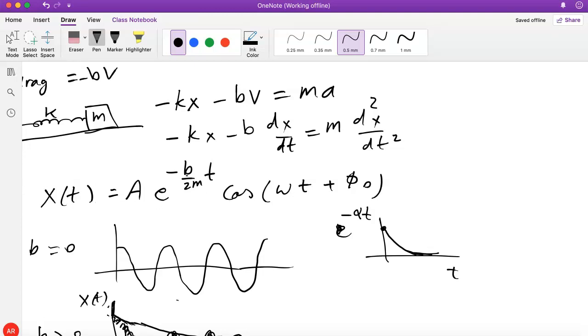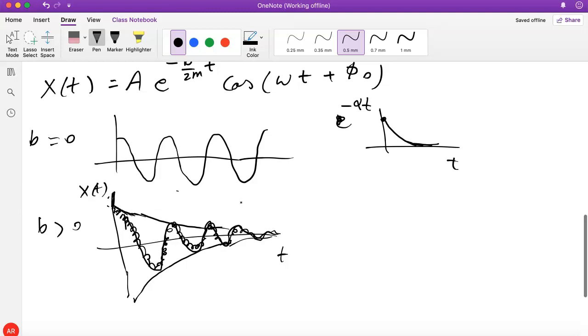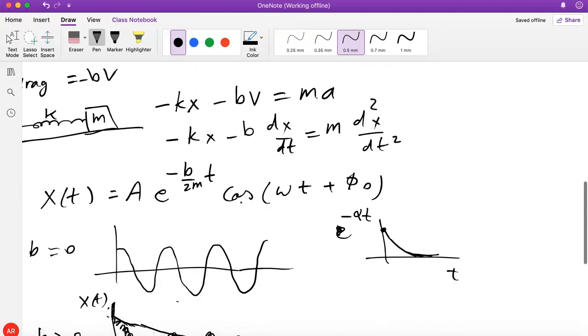The first derivative gives me one term where I take the derivative of the exponential, which just gives me a factor of minus b over 2m. Then I have another term where I take the derivative of the cosine, which gives me a factor of omega for the argument of the cosine, and turns the cosine into sine. And then once you take the second derivative, you get 4 terms.